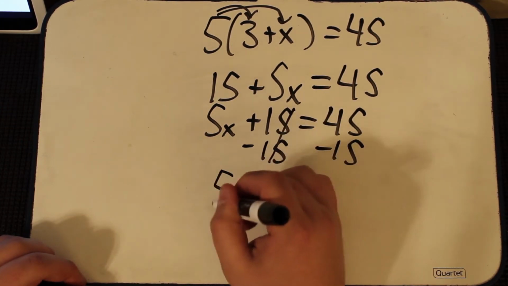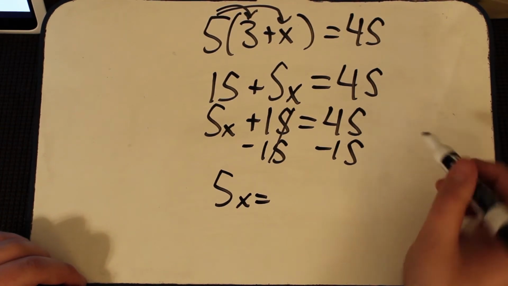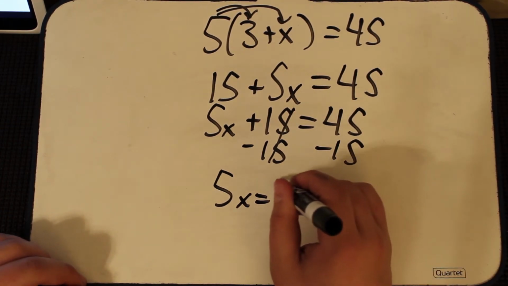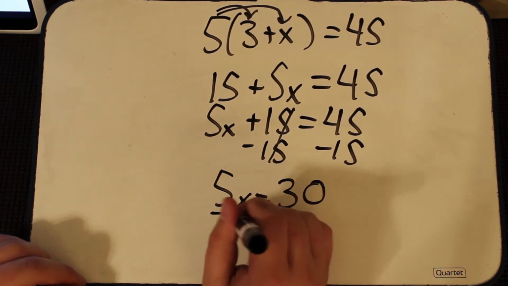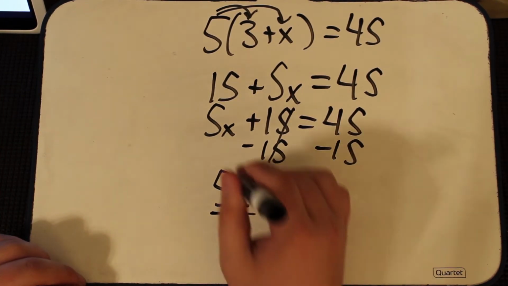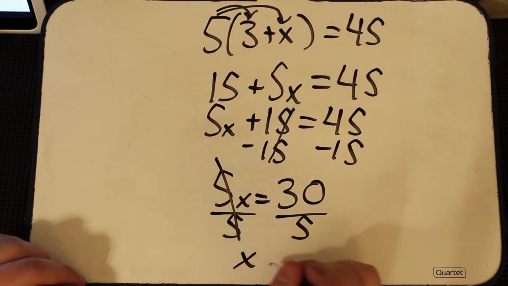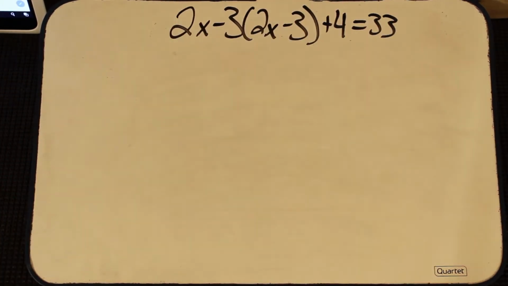These will go away. I have 5x equals 45 minus 15, which is 30. Now I have one step left, and that's to divide by 5 because I want to get that x by itself. When I divide by 5, those cancel. X would equal 6.